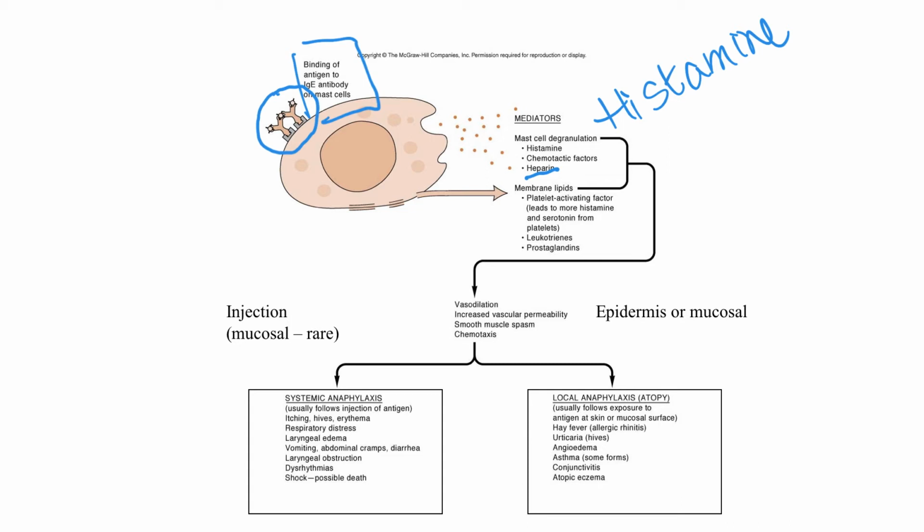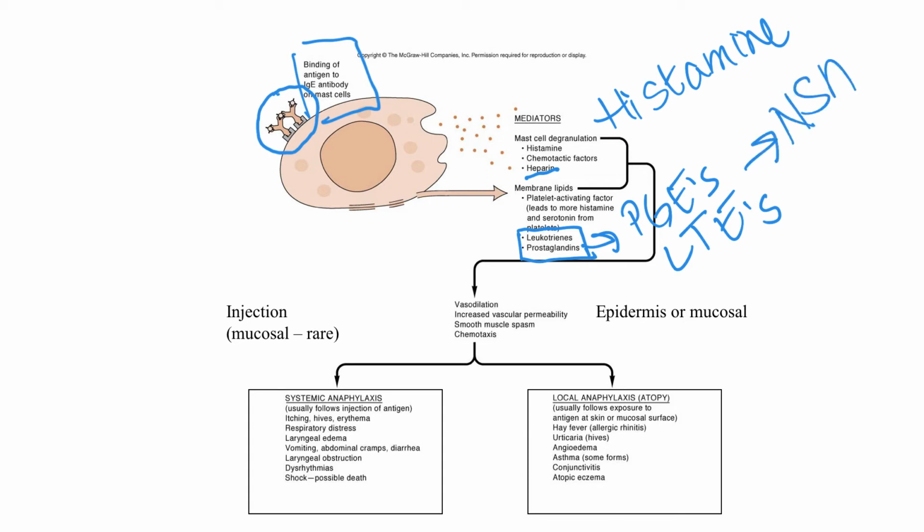We'll also see the formation, through the destruction of certain cell types and their cell walls, which are made of phospholipids, of degraded pro-inflammatory products. So these prostaglandins, PGEs, and these leukotrienes, LTEs, which you may know are blocked by a variety of drugs like NSAIDs and leukotriene inhibitors.